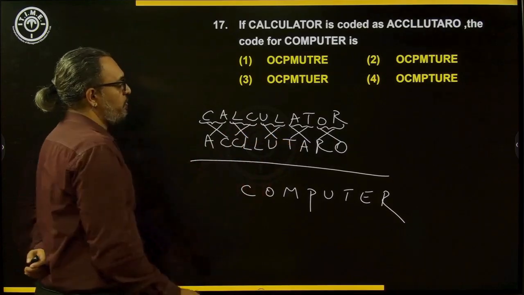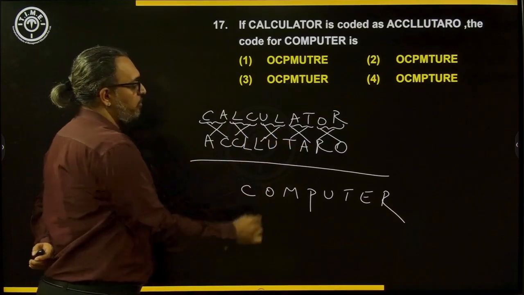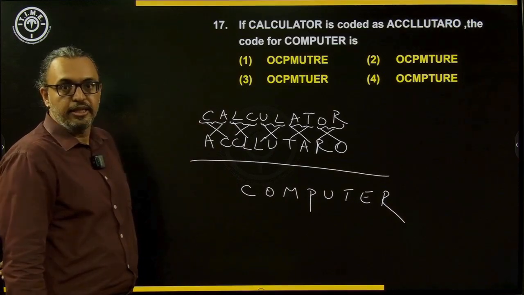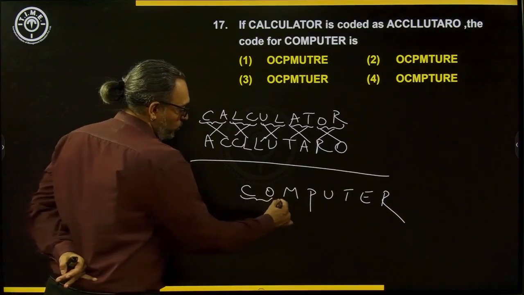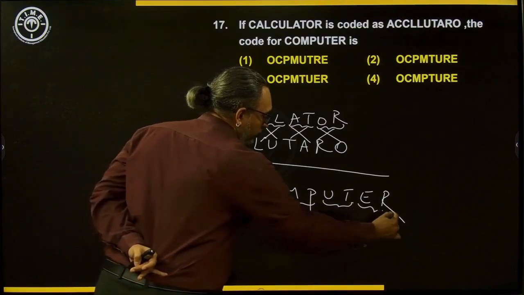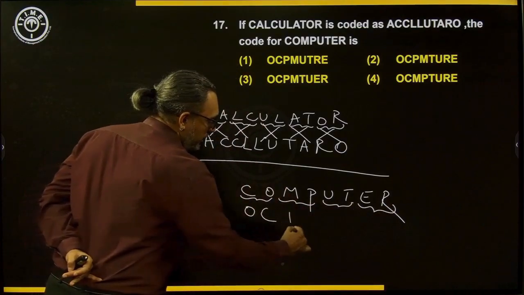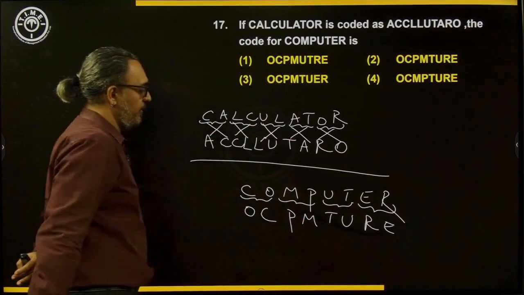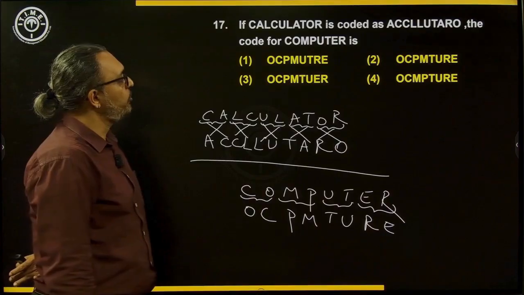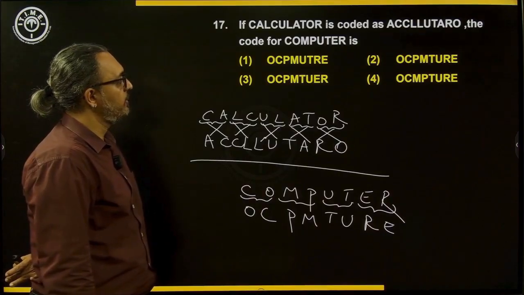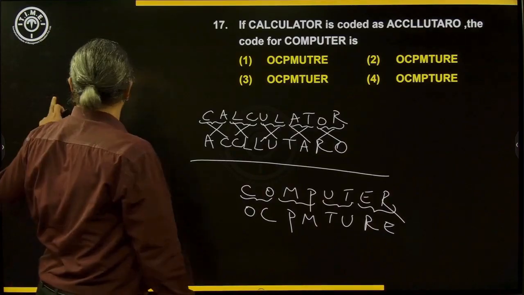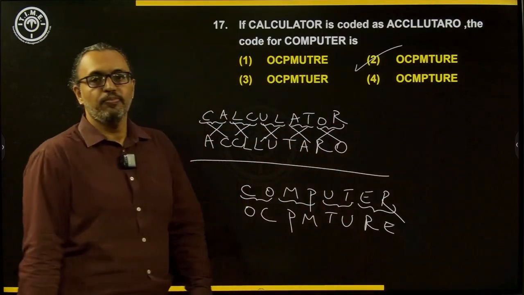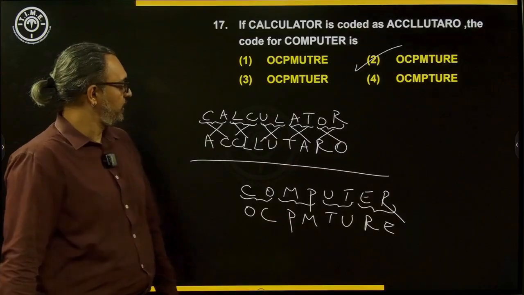Two letters are interchanged. So same way we do. We take two letters and we interchange. OC, PM, TU, RE. So it is available in option 2. Correct? That's all.